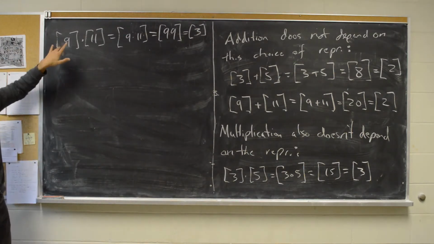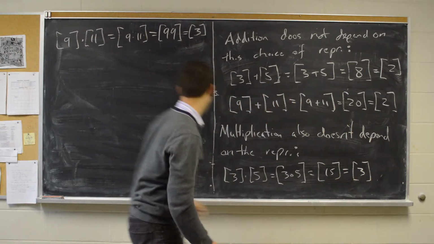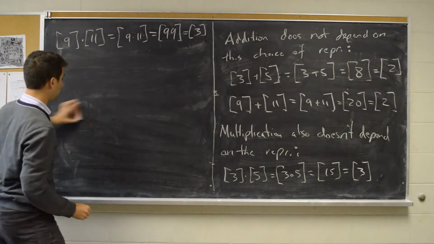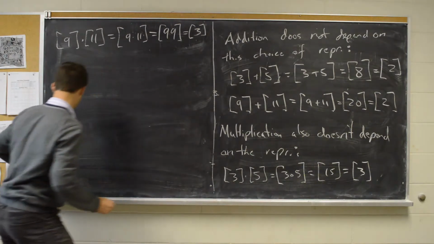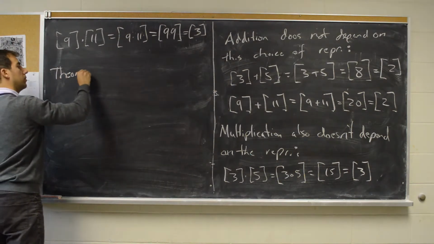And so, if you multiply using these representatives, you get the exact same set out as that. Let's prove that this works in general now. Theorem.